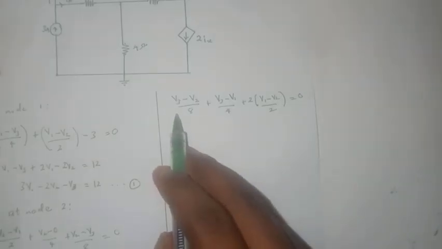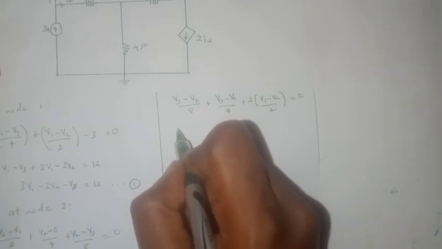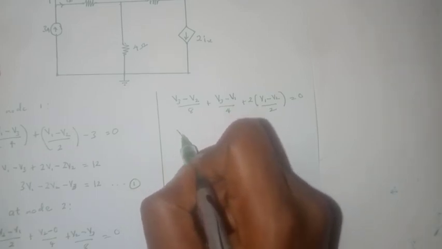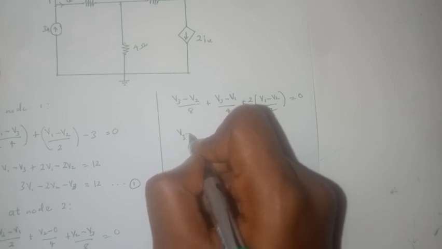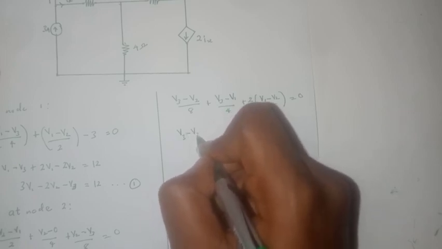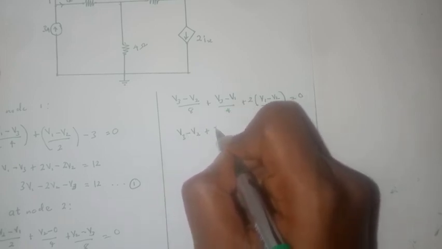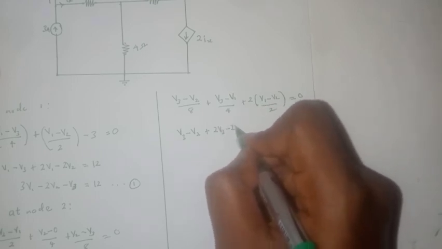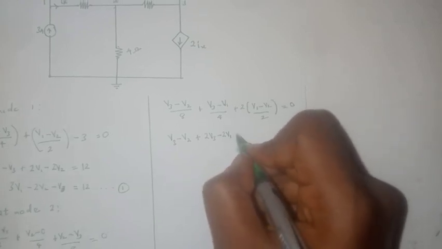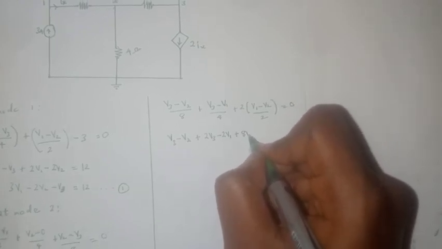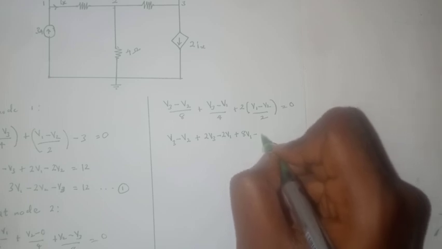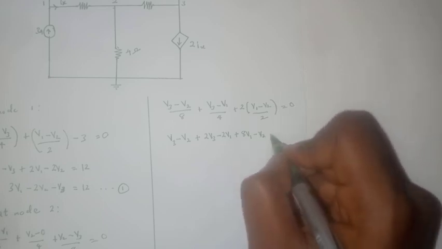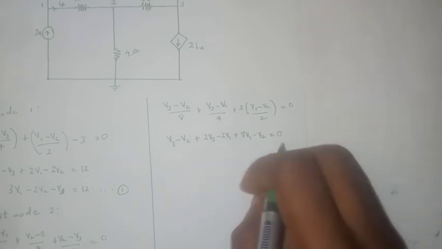So we can then proceed to multiply through by 8. So that would be V3 minus V2 plus 2V3 minus 2V1 plus 8V1 minus 8V2 equals 0.